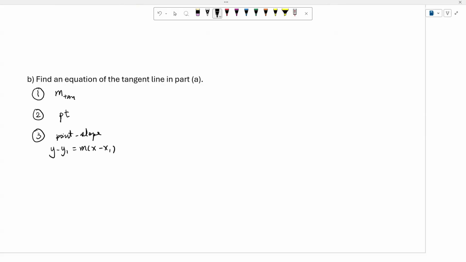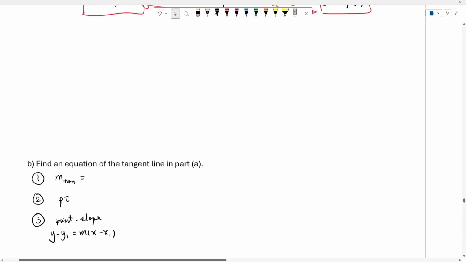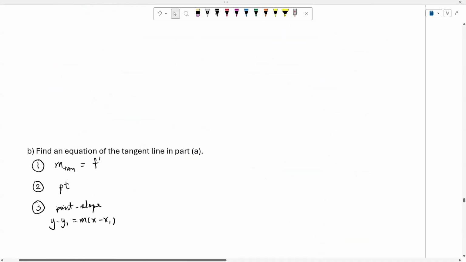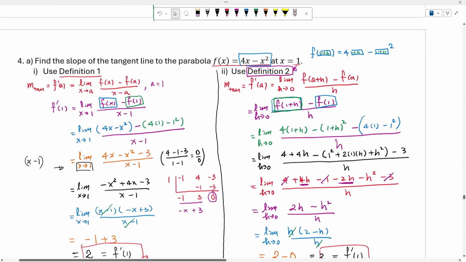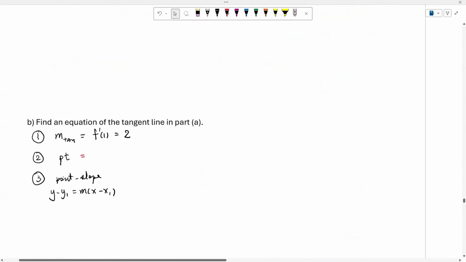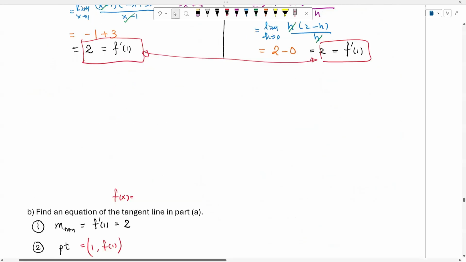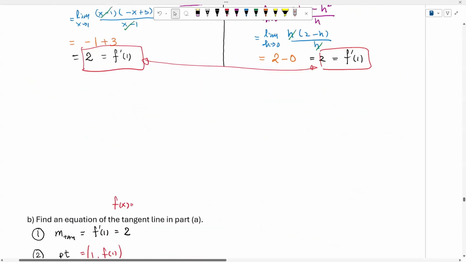Then to this problem here, the slope of the tangent line is f prime of 1, which is 2. The point that I have will be 1, f of 1. And of course, we know that f of x equal to 4x minus x squared.